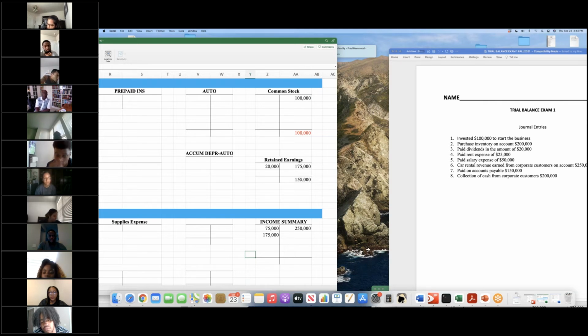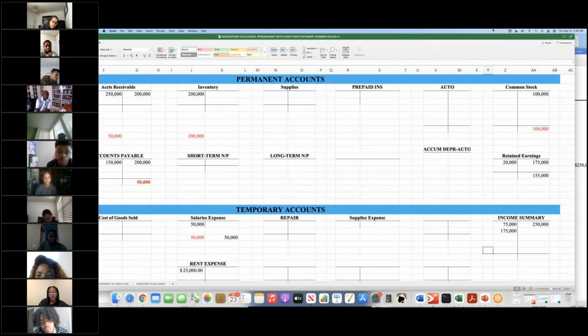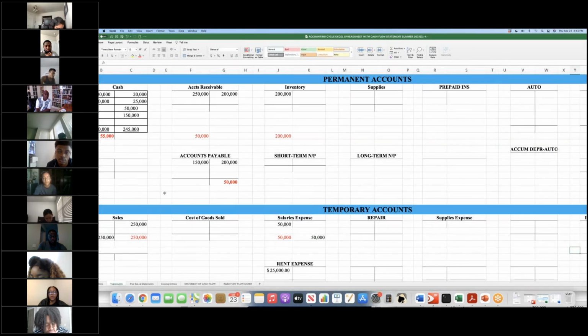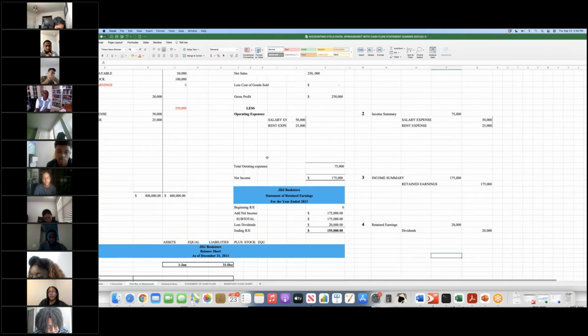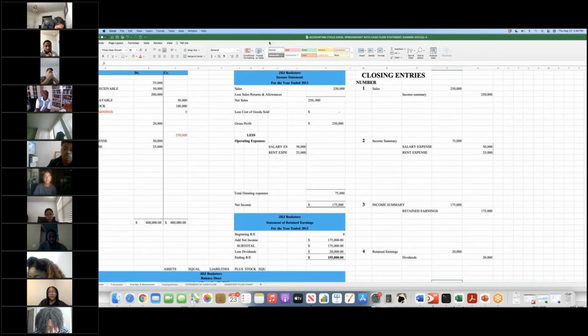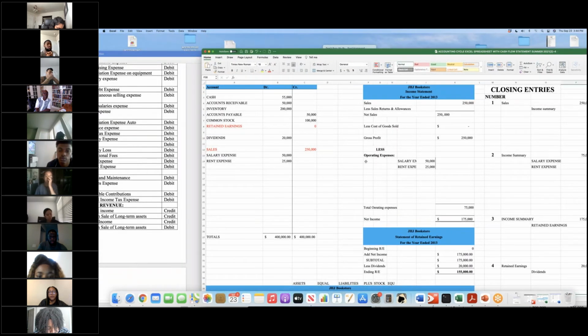You go back to the trial balance sheet. Here's the trial balance. So we got the journal entries. What has happened is that we have closed out, and I just put them in red.